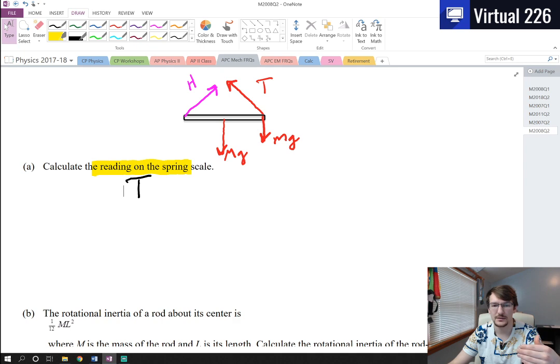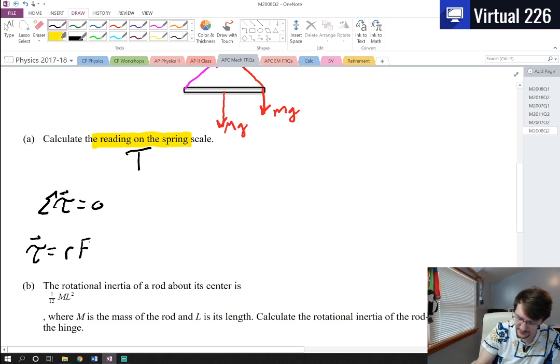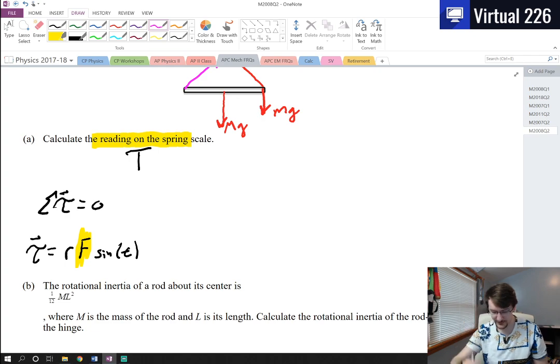If we set the sum of the torques equal to 0, remember that a torque by itself is equal to some moment arm times the force being felt, which is actually what we're looking for, times the sine of some angle between them. And when we look for the sine of those angles, we'll talk about how to find them.